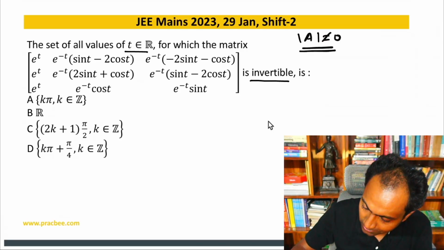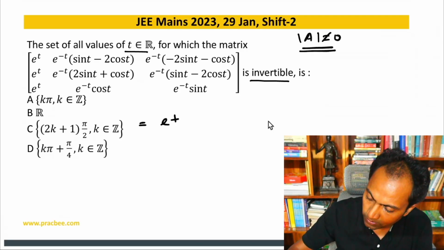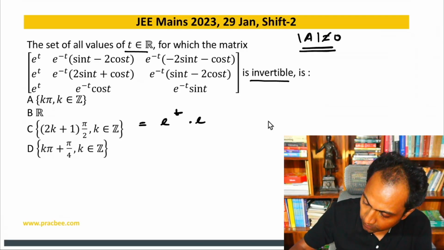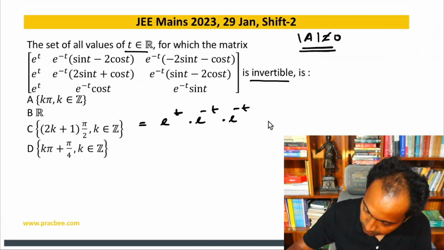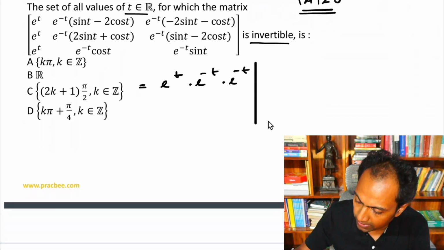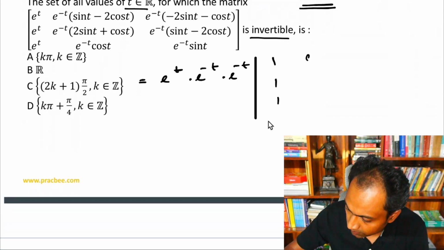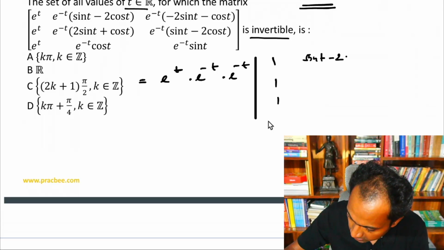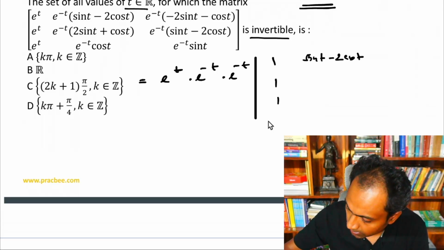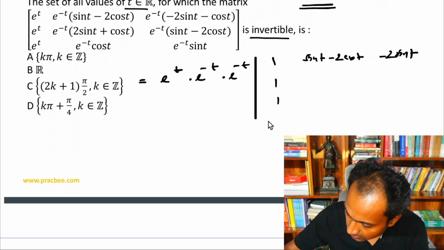If you are finding the determinant of this matrix, we can take e raised to the power t common from the first column, e raised to the power minus t common from the second one, and e raised to the power minus t common from the third one. Now whatever is remaining, that we will write. So you can see that we will get 1, 1, 1. We will get sin t minus 2 cos t and minus 2 sin t minus cos t.